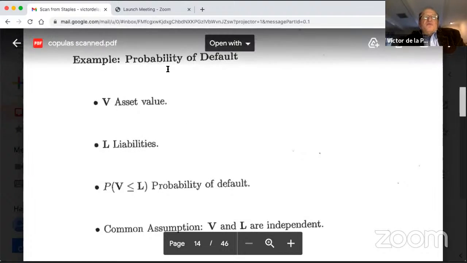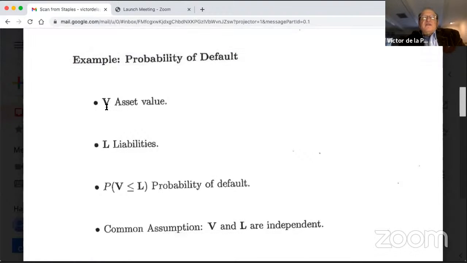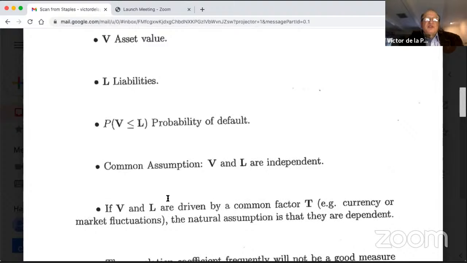So suppose V is an asset value and L are liabilities. Then the probability that V is less than or equal to L is the probability of default. The asset value is less than the liability, so you default in this case.